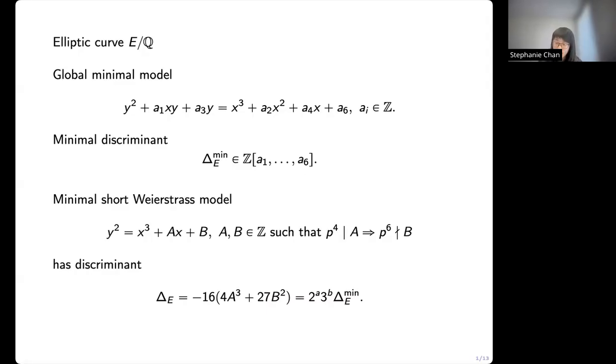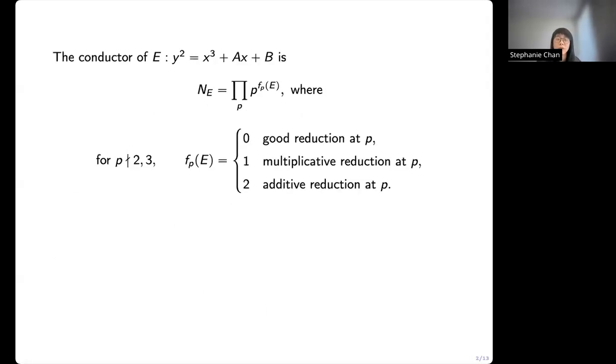Next, let me review some facts about the conductor. The conductor of an elliptic curve does not depend on the model of the curve. It encodes the reduction type of the elliptic curve at different primes. It's a product of primes where this curve has bad reduction. The exponents depend on the reduction type.